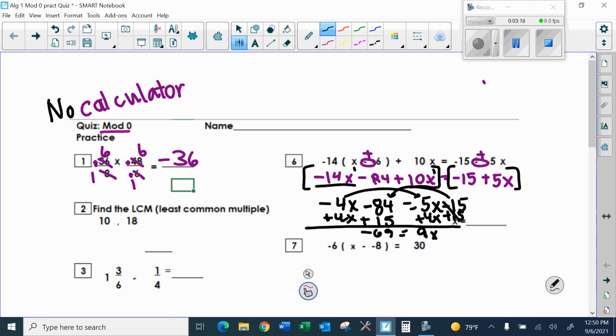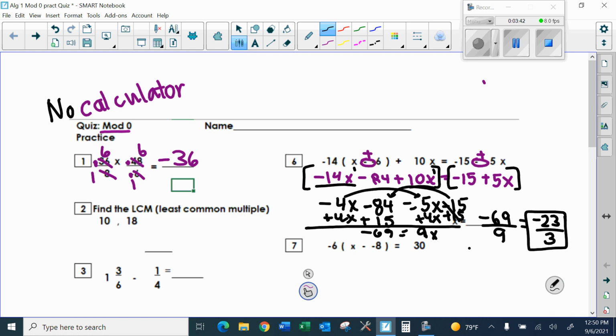Okay. And last step is to divide by 9 on both sides. So you get x equals negative 69 over 9. Now I have to ask, does it reduce? Yes, it does. There's a 3 that goes into both of those. So it's negative 23 over 3. If I left it as negative 69 over 9, I'd lose a point for not simplifying all the way.